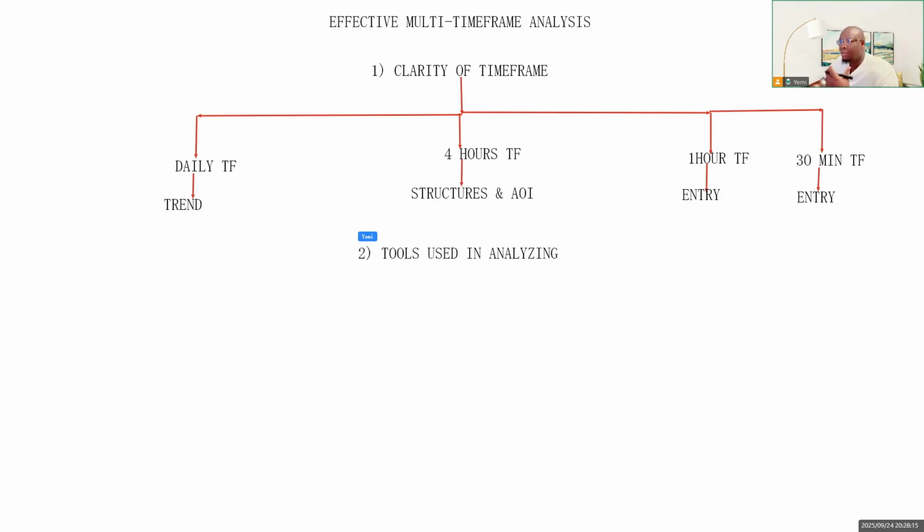So the second thing I'm looking out for after I'm done getting the clarity of the time frame is to analyze. But before I analyze, I have to have an understanding of the tools I'm going to be using to analyze the market. So I don't just insert every object on my chart. I use specific objects, and the fewer objects you use, the better the clarity you have in your trading.